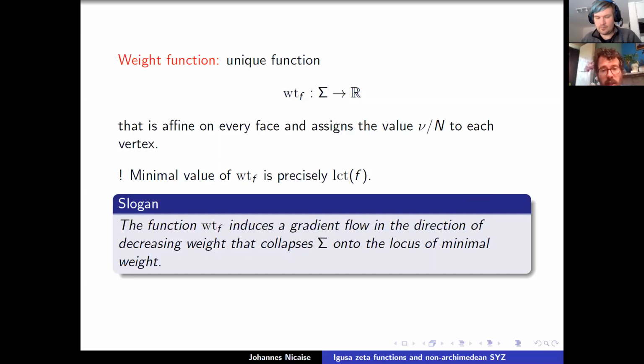I will explain in what sense it's literally true. Actually, there should be an even finer sense in which it's true, but that's very much under construction. There should be a more precise theory of gradient flows on simplicial complexes that allows you to write such a thing with mathematical rigor. But at this point, for us, it's just some kind of mantra that we use to discover actual theorems.